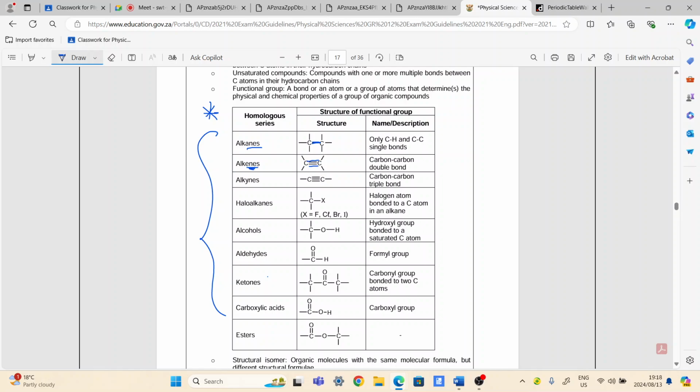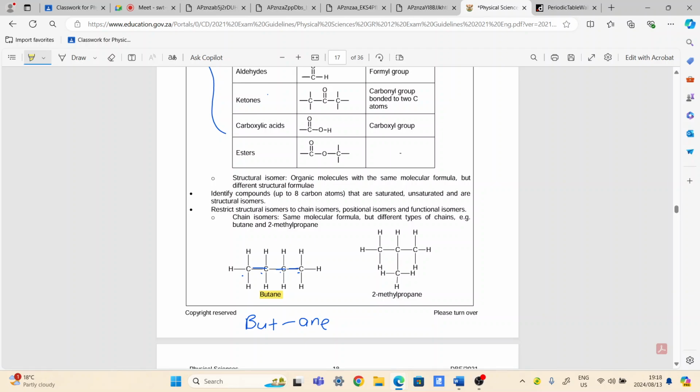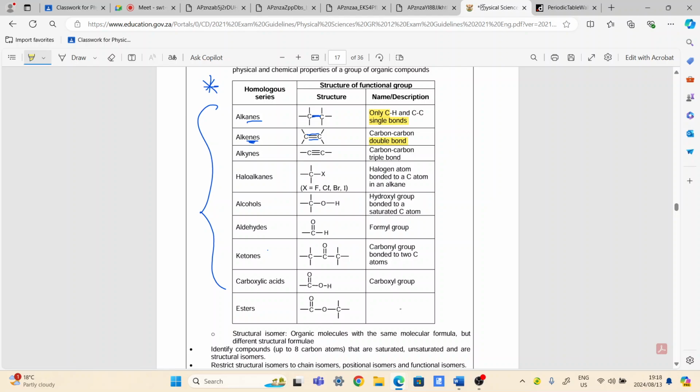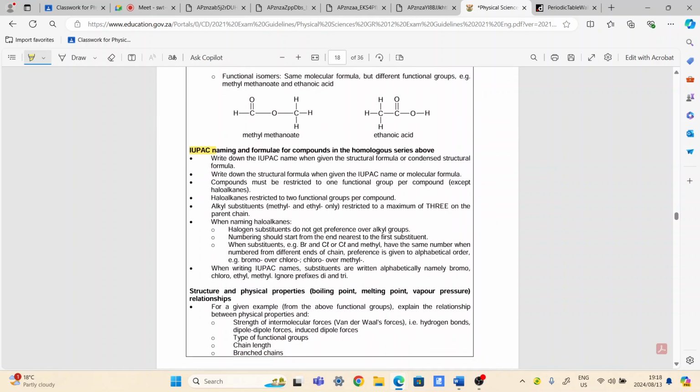You can read it here also: double bond, ene; only single bonds, ane, right? So this helps you with naming as well as understanding the actual chemical formula and getting information that they may ask for. I want to say that again: the 1 or 2 mark questions, the very short questions, you can get a lot of them from this table and from understanding how to read this table and apply it to these questions.